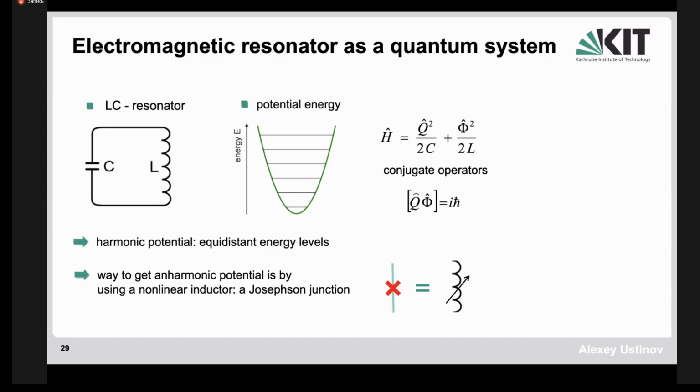The reason is very simple. If you want to control the two states, for example by using an external magnetic field or by sending photons with this energy to the system, then you don't want to excite higher states.